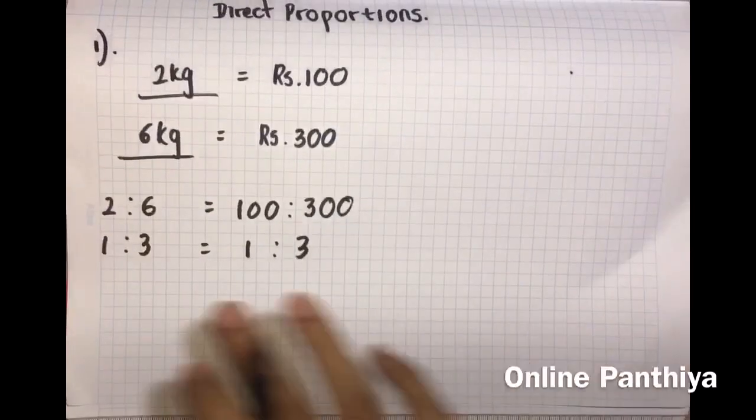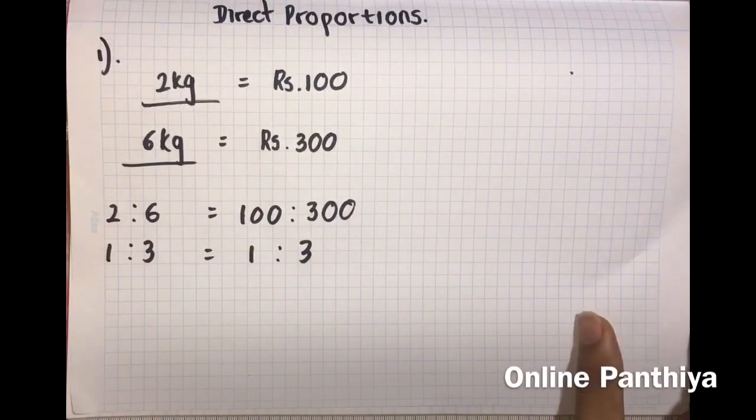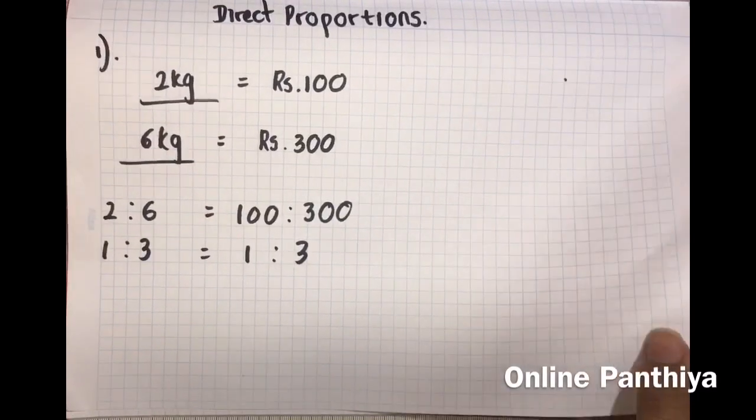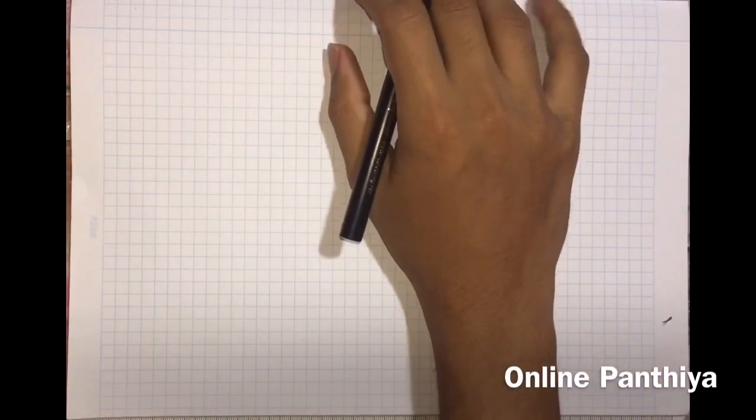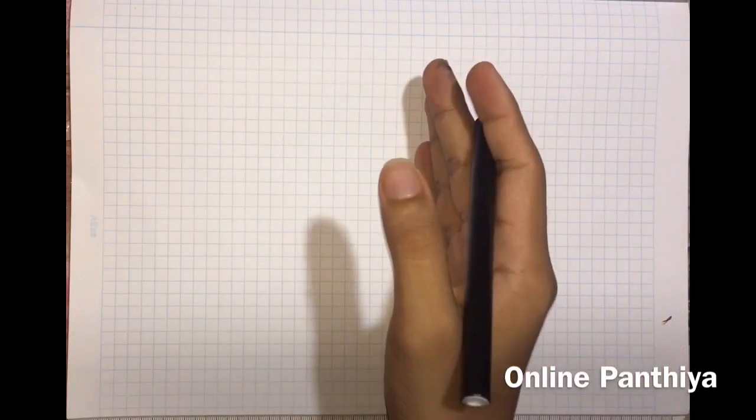You know proportion: when the ratio of two quantities is equal, that you already saw here. Direct proportion means when one quantity increases, the other also will increase in the same proportion. In the same proportion means in the same ratio.